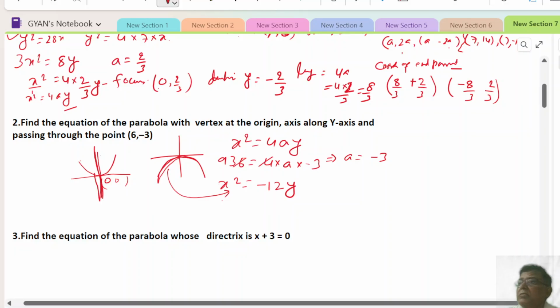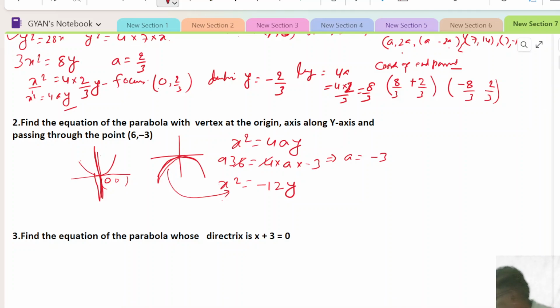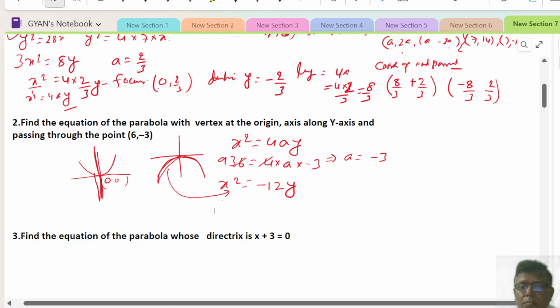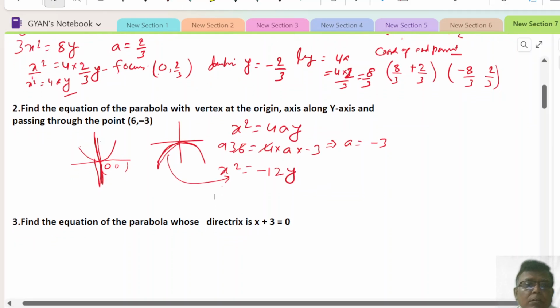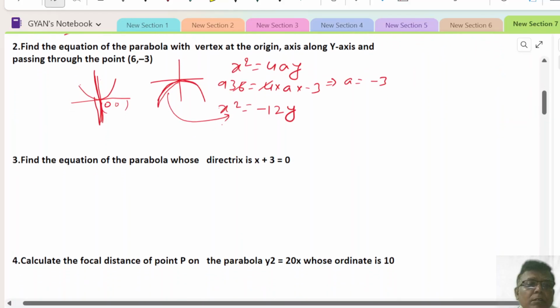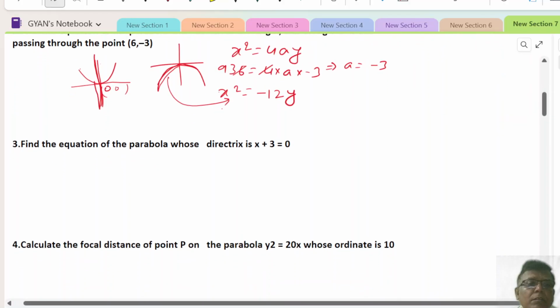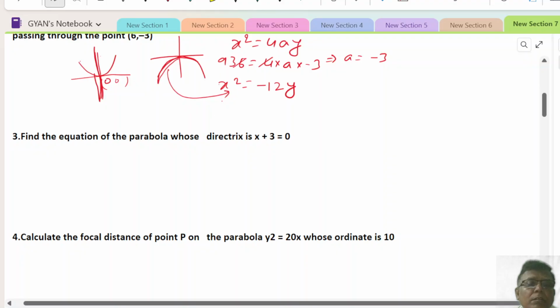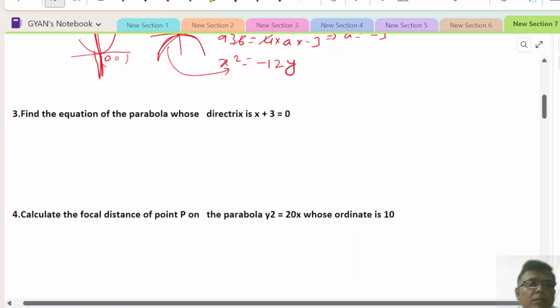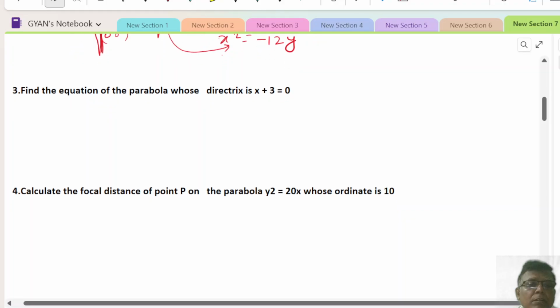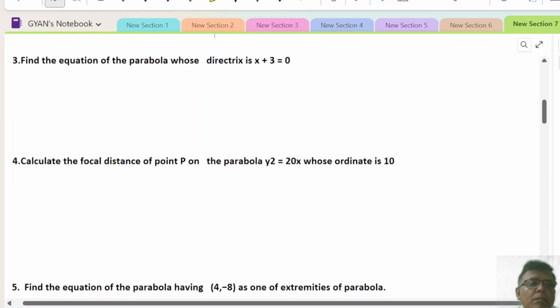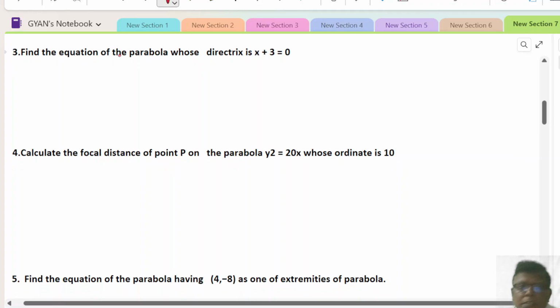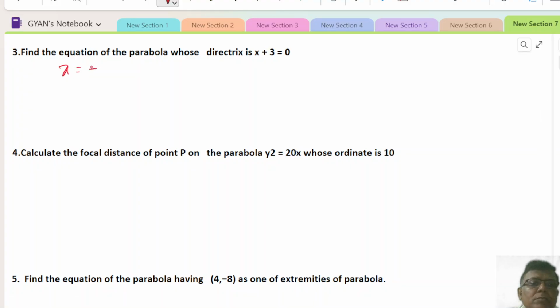Is along the y-axis. Okay, now come to the next question. Next question is directrix is x plus 3 is equal to 0.